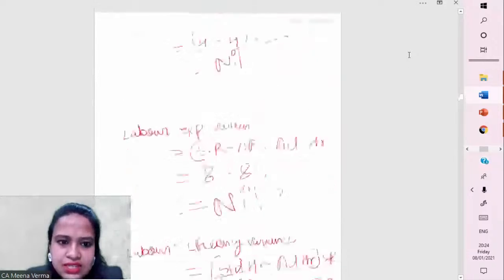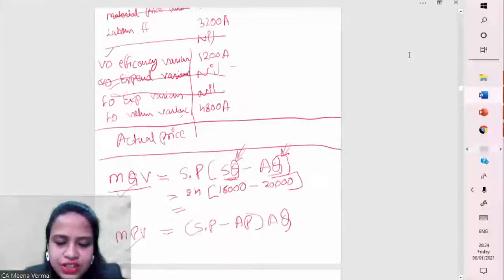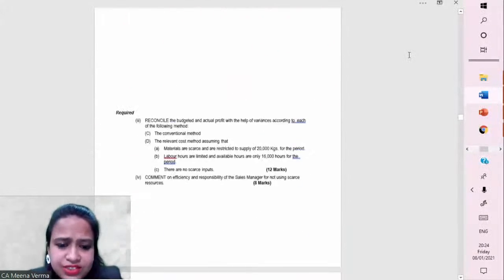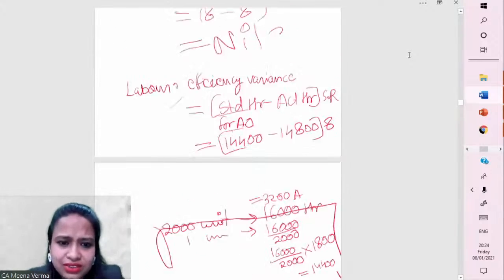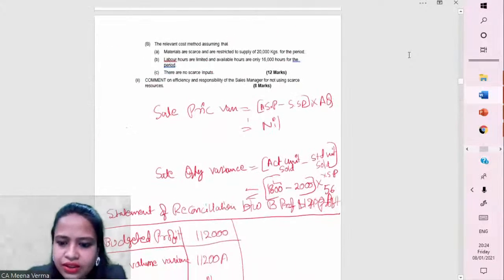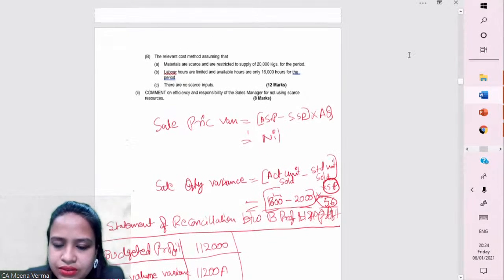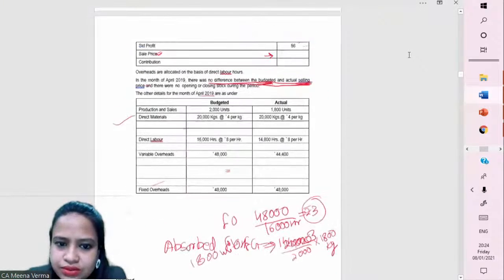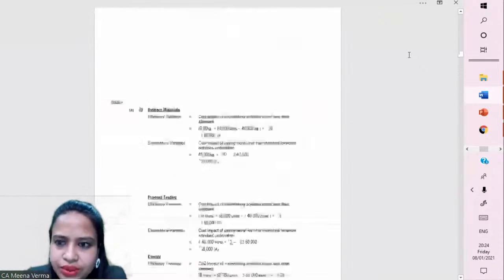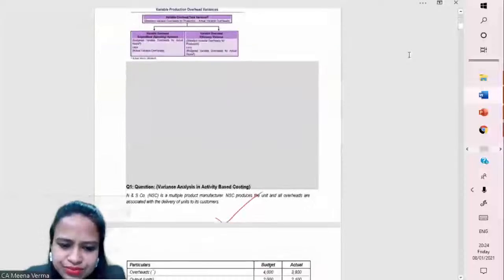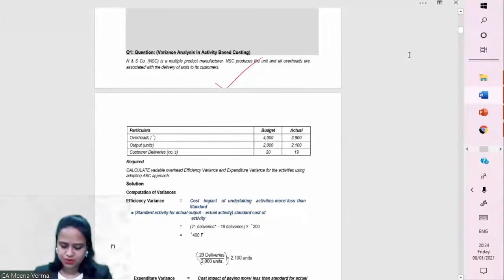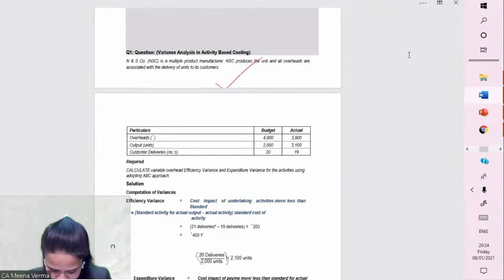In this part of the solution, they have taken the standard profit at this place. Okay, do this question. Let me tell you why they have calculated.